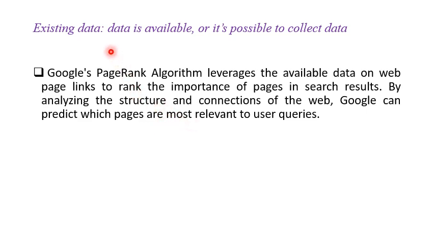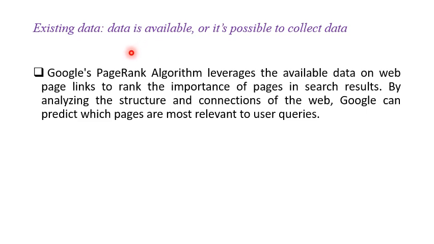One thing that I would like to add to this slide is that data is available or it's possible to collect data. This is a basic condition for using machine learning.